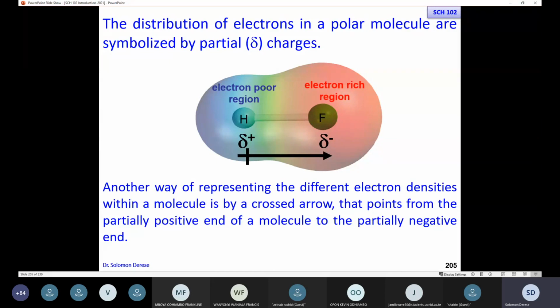If you have a chemical bond between the alkali metals, like sodium, lithium, which are on the extreme left of the periodic table, and the halogens that are on the extreme right of the periodic table, that chemical bond that will form between such elements is ionic. Okay, and then we saw also we have covalent bond, and covalent bond is formed usually between elements that are in the middle of the periodic table.